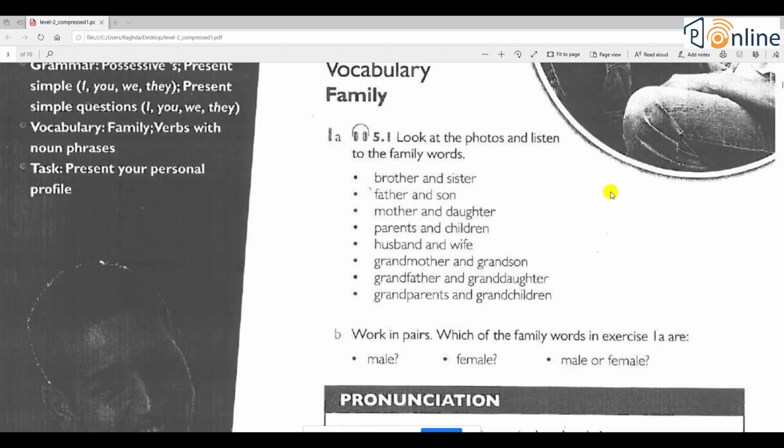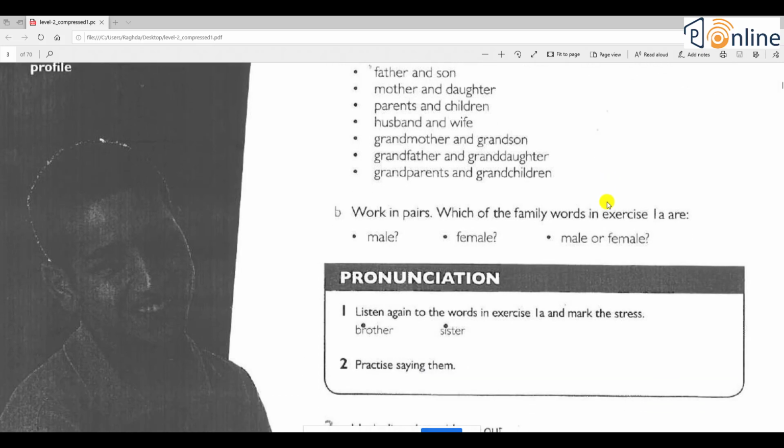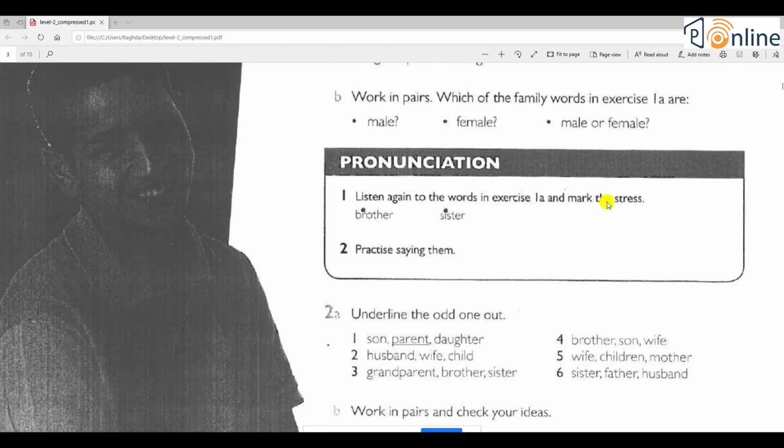Now, my dear students, now that we have settled where these words are used and for which person, for male or female, he or she, we can go down. Please notice that we have here the pronunciation, which is very important when you speak and converse.